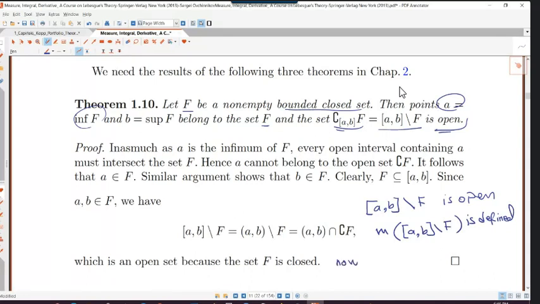Now let us define the measure of F. The measure of F is defined through the measure of its complement, which is an open set.